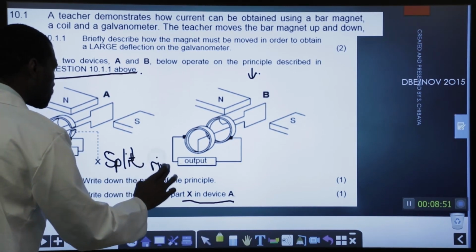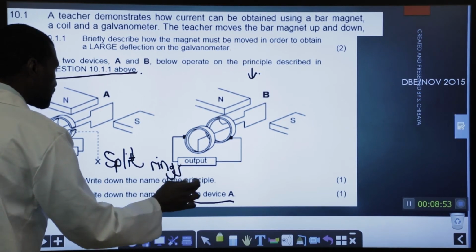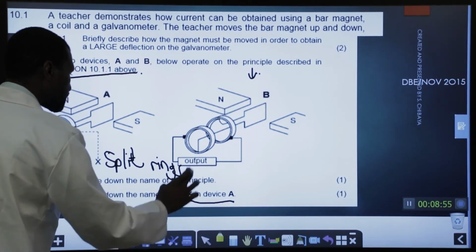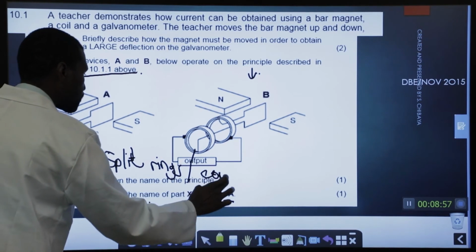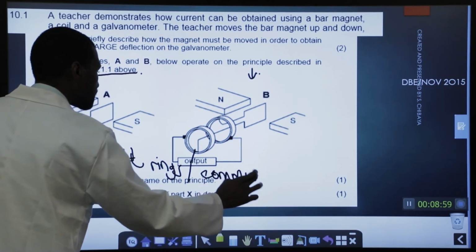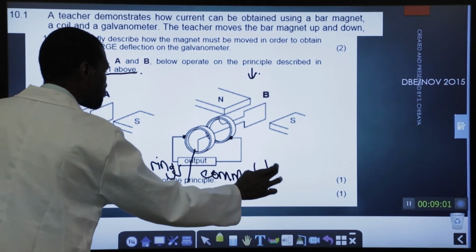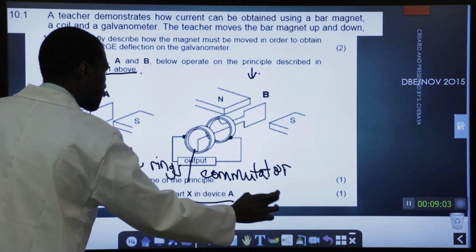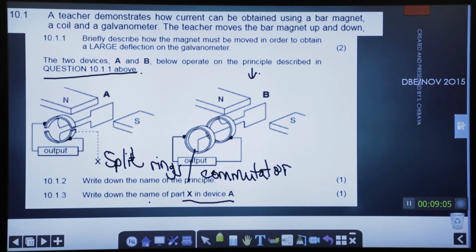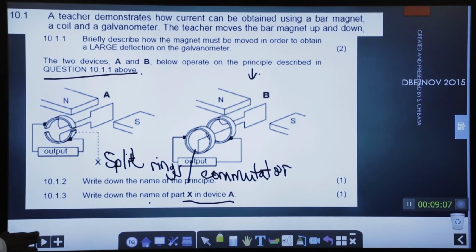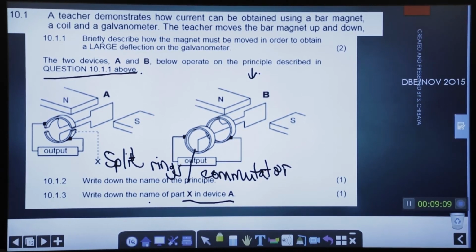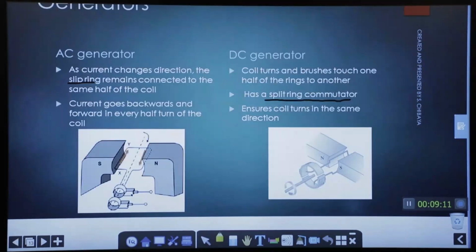Okay, you can see they are split rings, or other books have them as commutator rings. All right, so that's one example there of a question that you can come across.